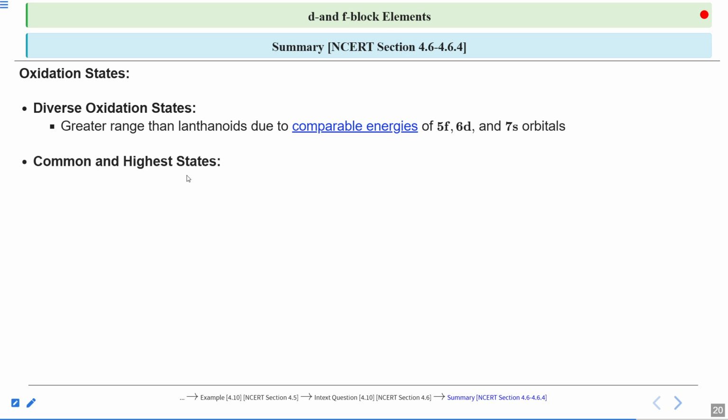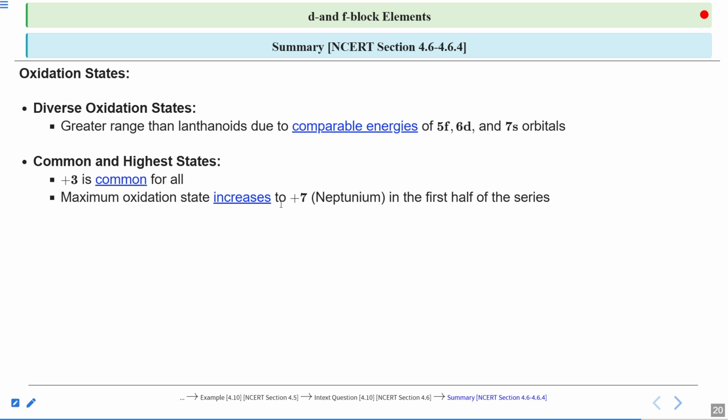Now the common and the highest states: the +3 oxidation state is common for all the elements in the actinoid series. The maximum oxidation state increases to +7, shown by neptunium in the first half of the series, and after neptunium there is a decrease in the oxidation state in the succeeding elements in the actinoid series.